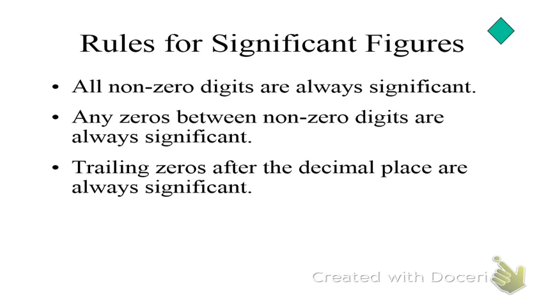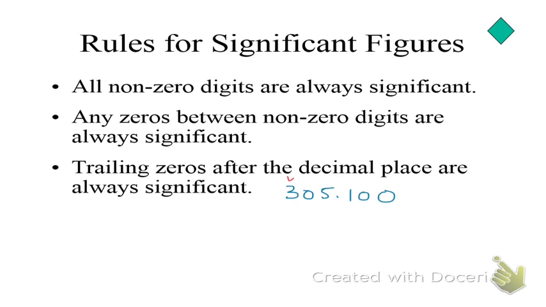Again, it's with the zeros. If you have zeros that are trailing after the decimal place, they are significant. Trailing means to the right. Here's an example of that third rule. Say you had 305.100. Let's put check marks over what's significant.